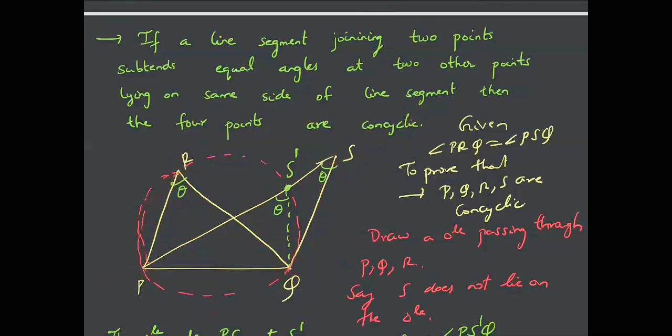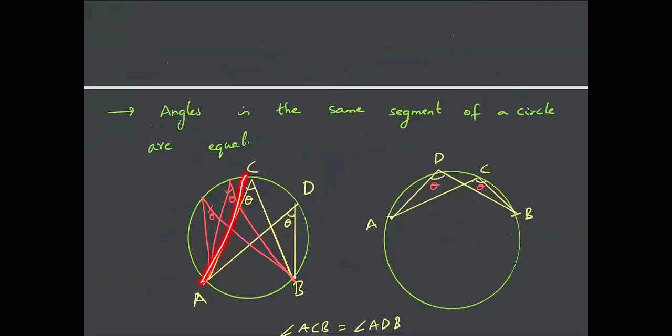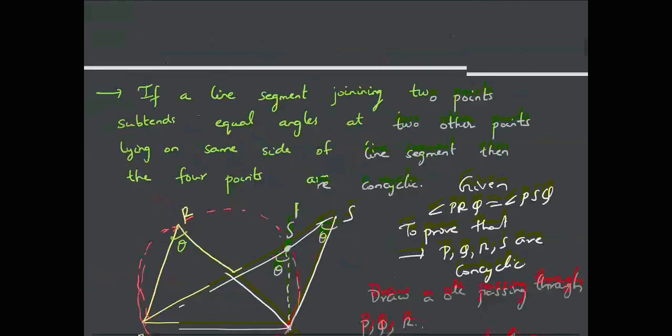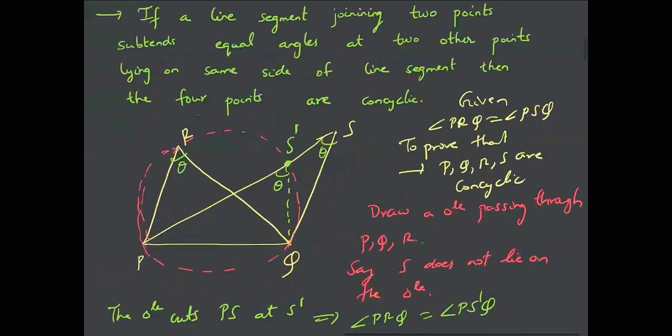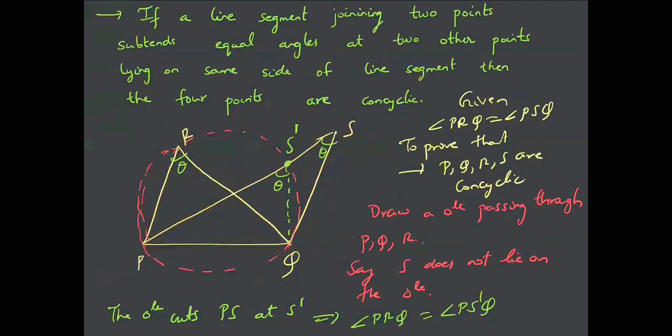So these four points will be concyclic. It is the converse of the above statement, that angles in the same segment are equal. This is true, but if a line segment subtends equal angles at two different points, then all these points should lie on a circle.